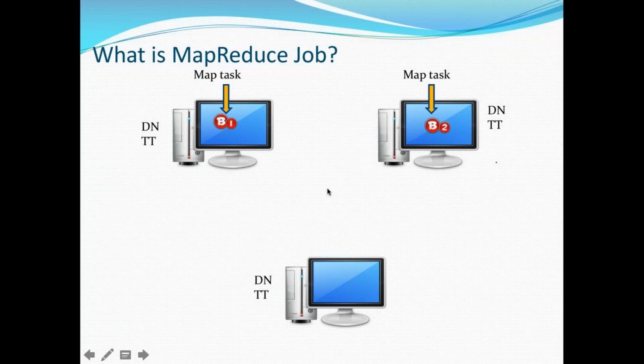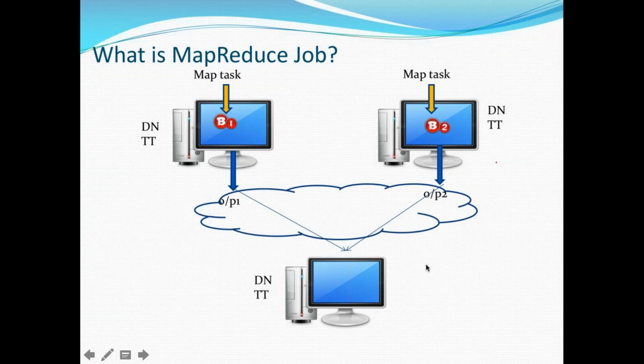These map tasks will process the data and generate, let's say, output 1 and output 2. Output 1 and output 2 go to the reducer machine and are processed. The reduce task will process output 1 and output 2 and generate the final output. Again, we are talking at a very high level, from 100 feet, seeing how this is happening.